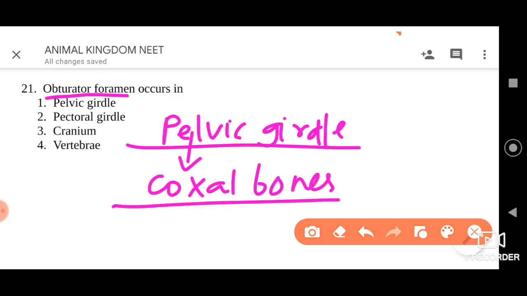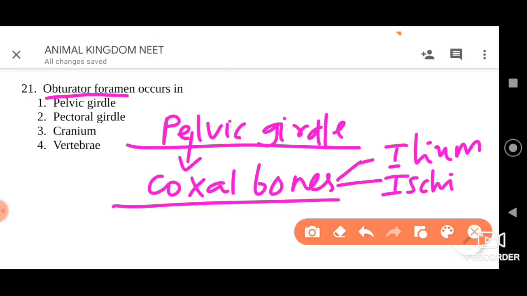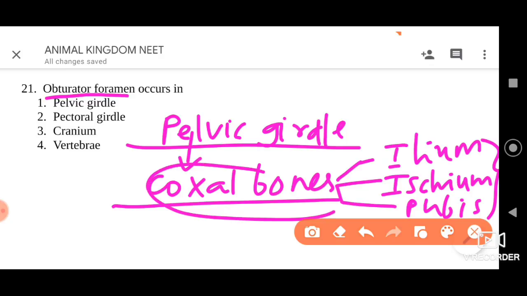In each coxal bone we know it is formed of 3 fused bones, that is ilium, then we have ischium, and then we have pubis. These are the 3 bones which form each coxal bone in the pelvic girdle.